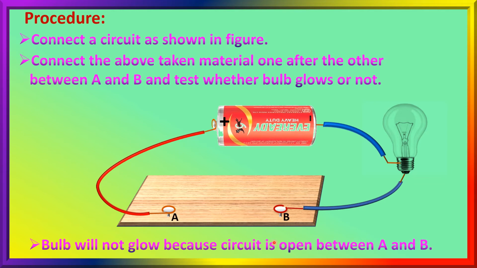In this case, bulb will not glow because circuit is open between A and B. In an open circuit, current will not flow. That's why bulb doesn't glow in this situation. Why? Because the circuit is open.